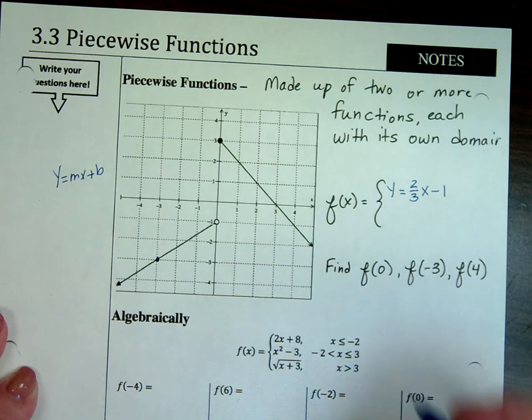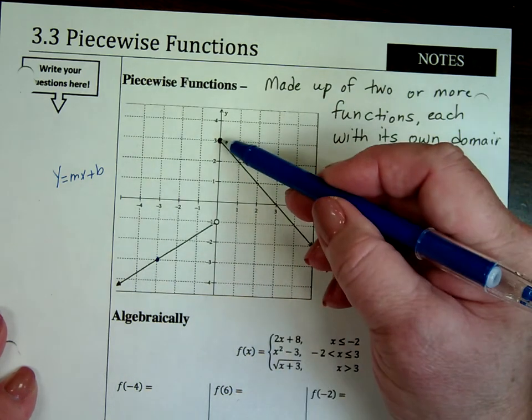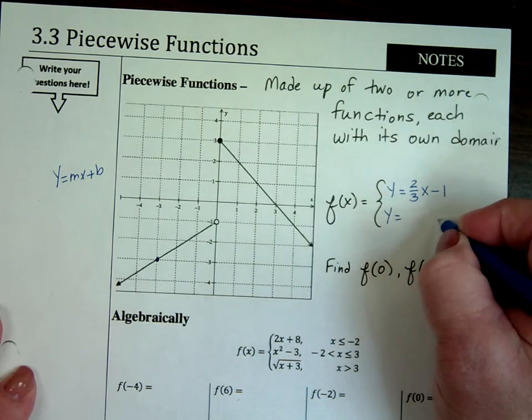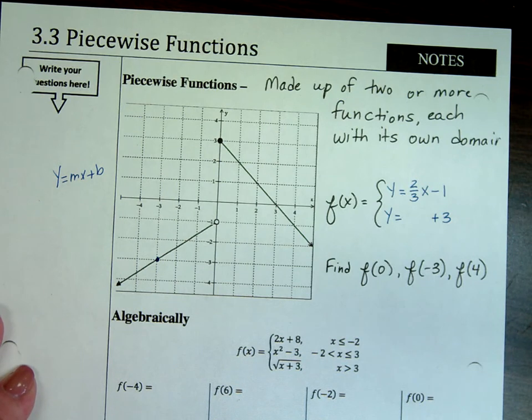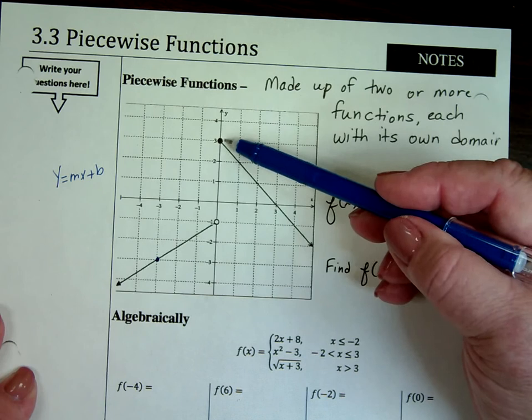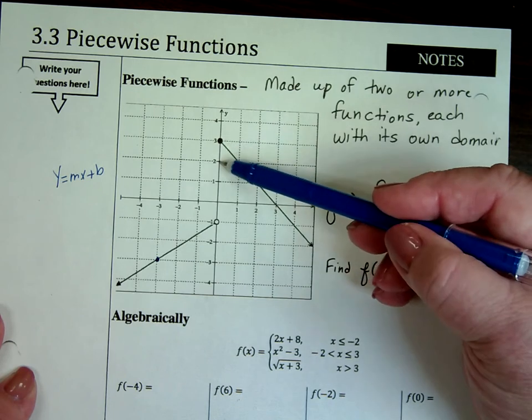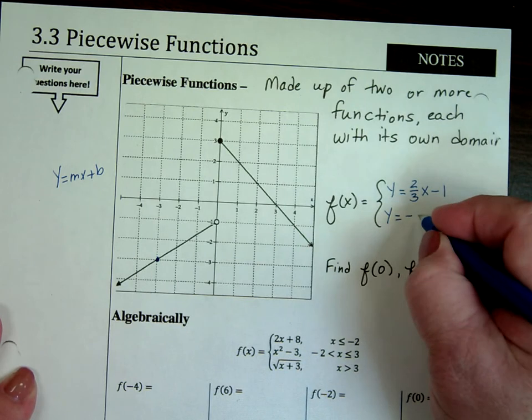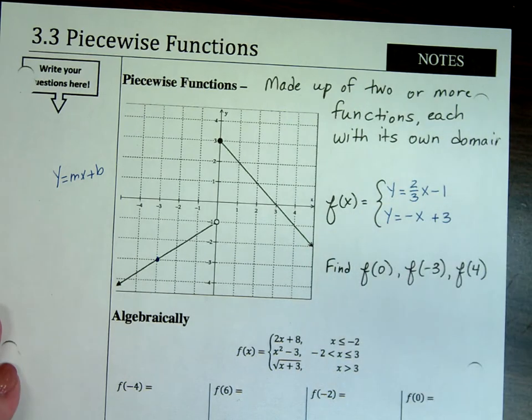Second line now has a y-intercept of 3. Y equals something plus 3. It's positive 3. Well, what's the slope? If I go from here to the next coordinate, it's down 1 and right 1. It's a negative slope, so it's going to be a negative x, negative 1x plus 3.